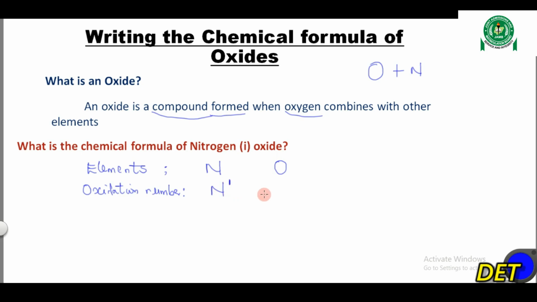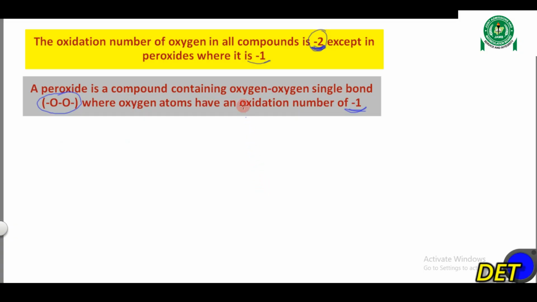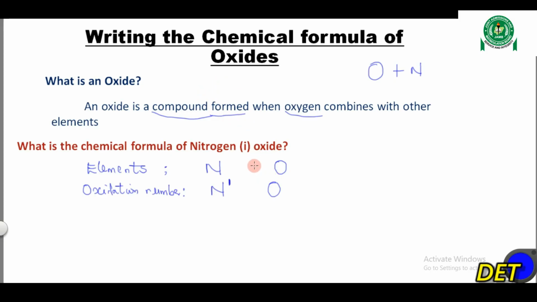And then oxygen: what is its oxidation number? The oxidation number of oxygen in all compounds is -2 except in peroxides, and this compound is not a peroxide. So the oxidation number of oxygen here is -2.